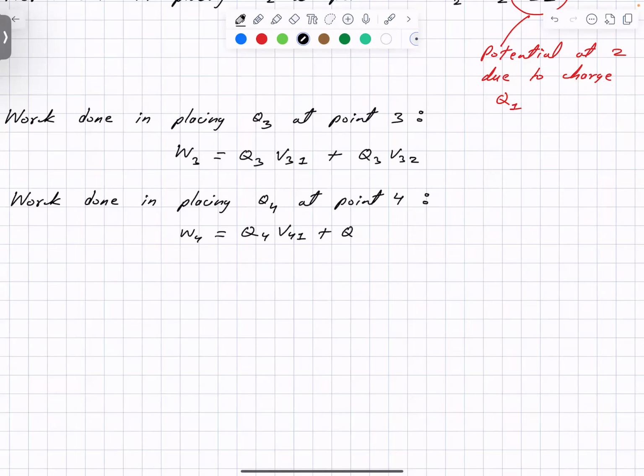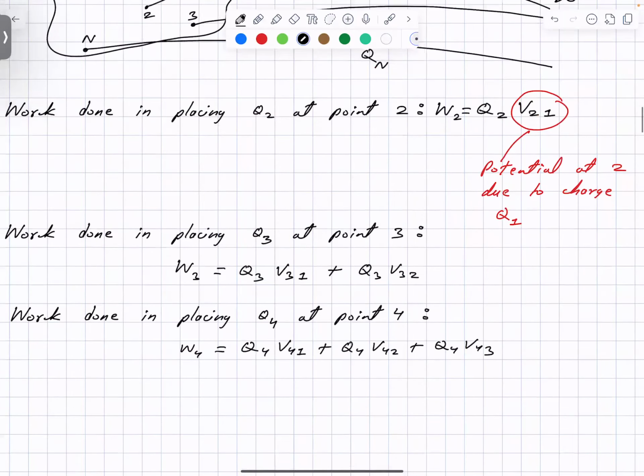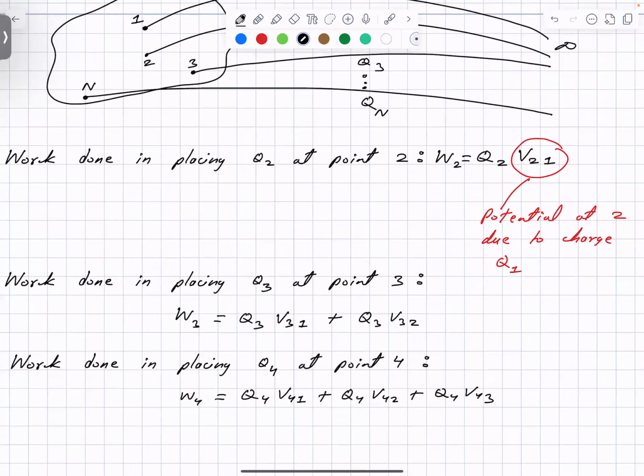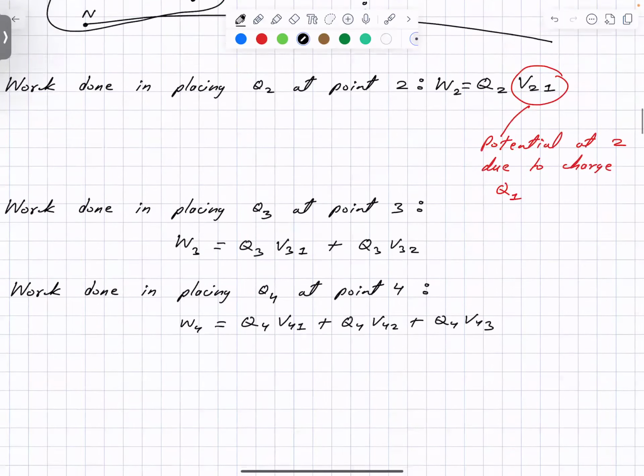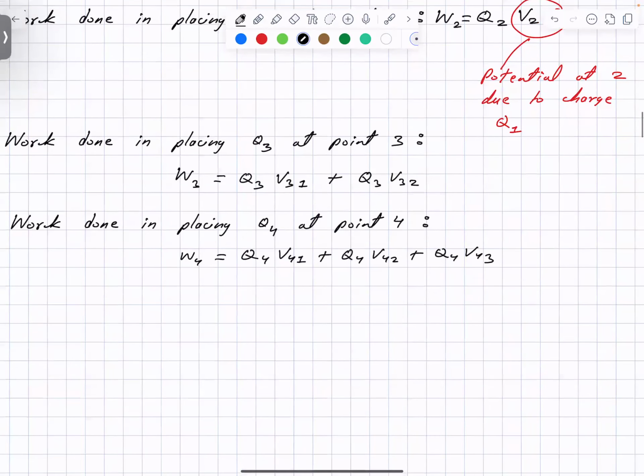Then Q4 V42, and Q4 V43, and so on. Now, what would be the total work done or total energy expended?